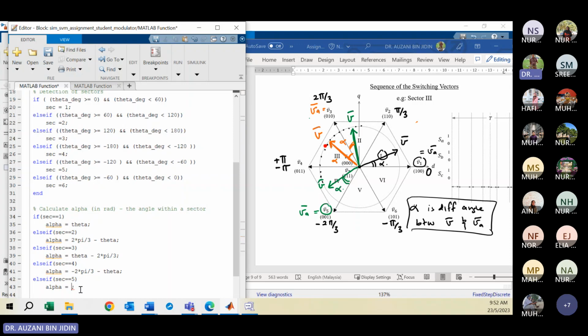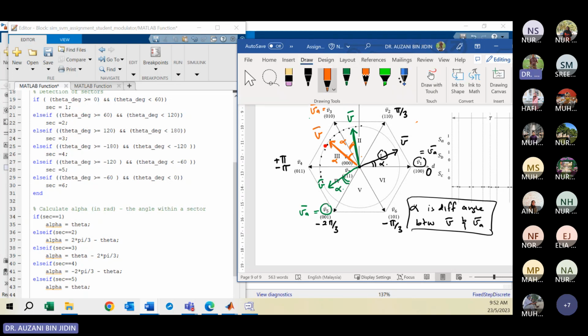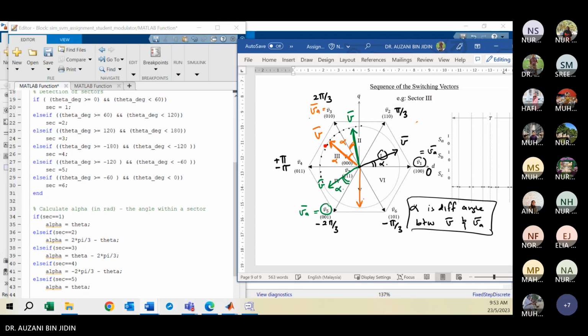Sector 5. How about sector 5? Theta. For sector 5 here, the orange color, this is your reference.